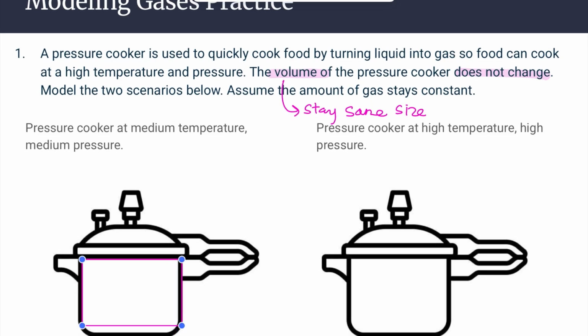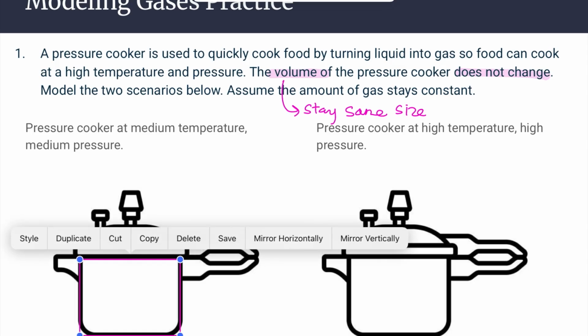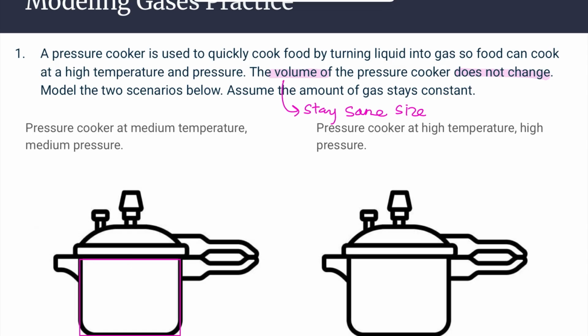I don't need beautiful portraits, but we see that this stays the same size. And then the other thing that this says doesn't change is the amount of gas. So if the amount of gas is going to stay constant, that means that the number of dots that we have in our before and after are going to stay the same.